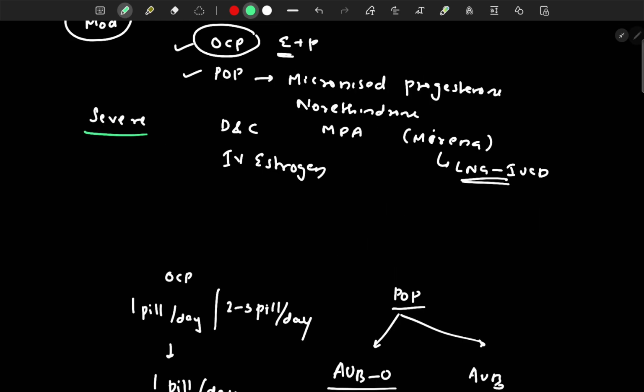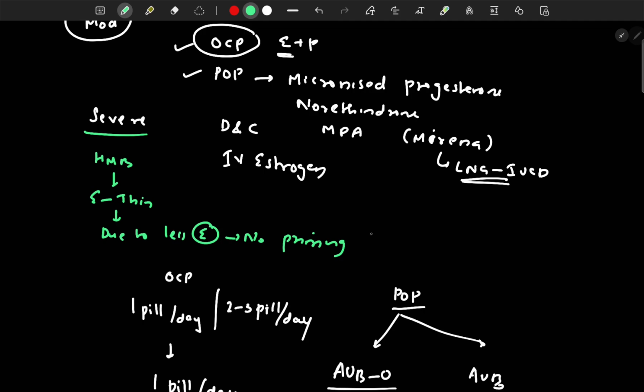Now in case of severe bleeding, this is called heavy menstrual bleeding. The endometrium is thin due to less estrogen, so there is no priming.